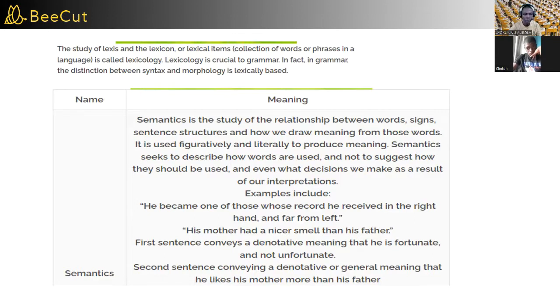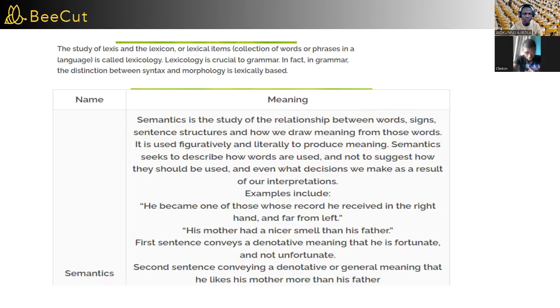Let's look at this example. He became one of those whose record he received in the right hand and far from left. Another example is: his mother had a nicer smell than his father. Now look at the two sentences.